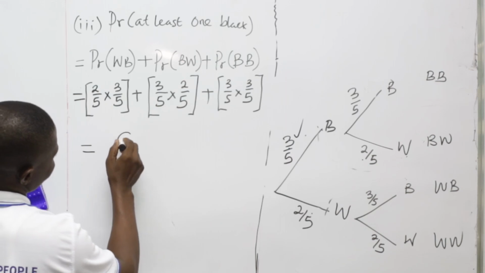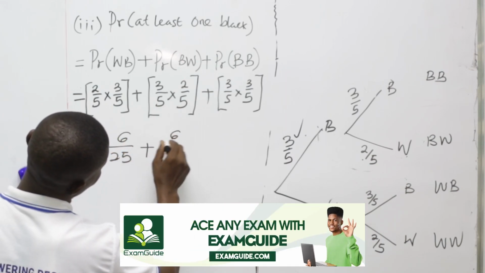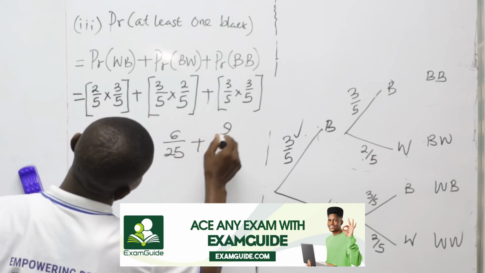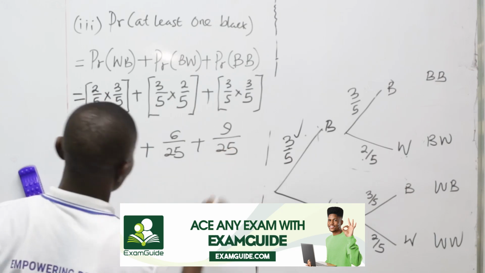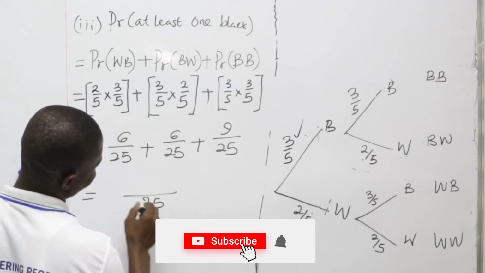So we have 6 all over 25 plus 6 all over 25 plus 9 all over 25. So our LCM here is just 25.